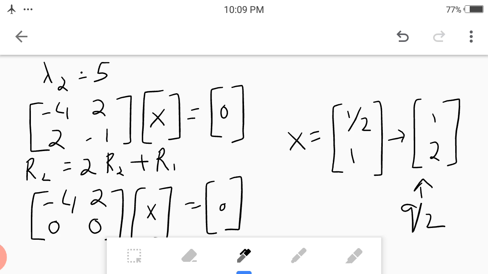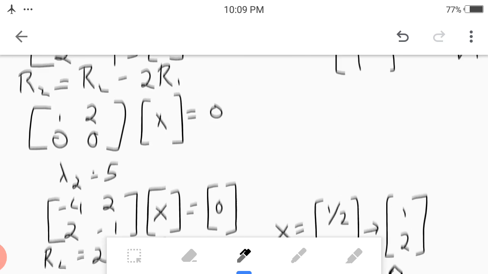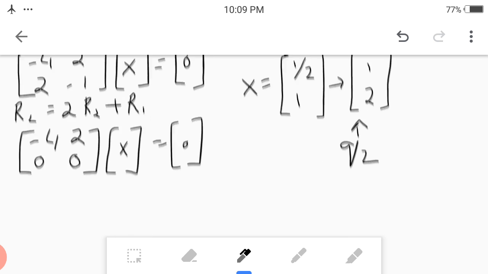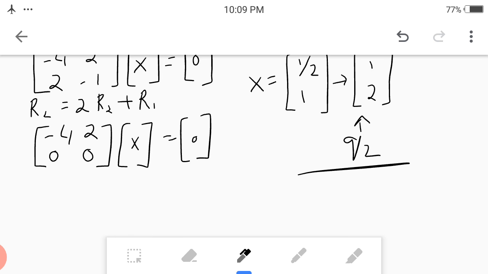What is it that we have to observe for eigenvectors? That they are perpendicular to each other. So we have q1, which is minus 2, 1, and we have q2, which is 1, 2.